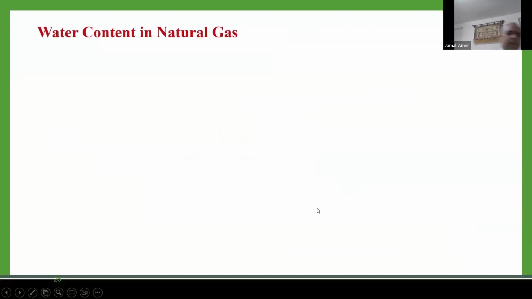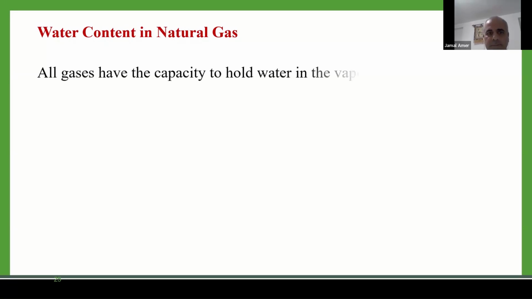Hydrate. Well, the most common problem associated with gas treatment is hydrate. What is this hydrate and how is it formed? So, all gases have the capacity to hold water in the vapor state.